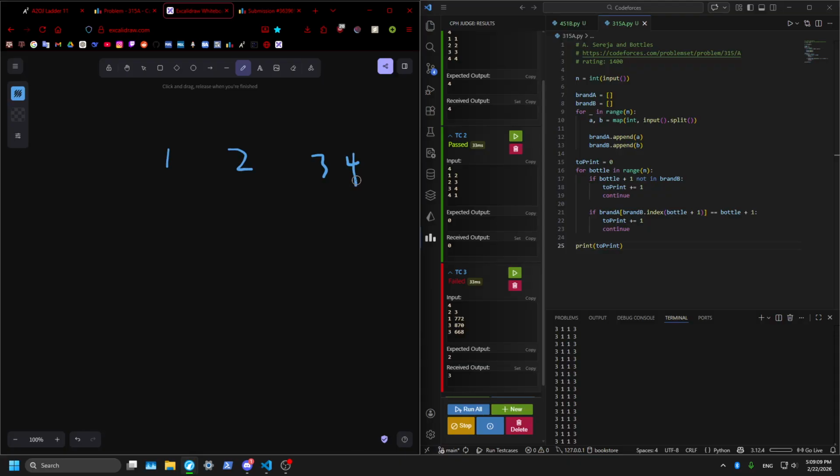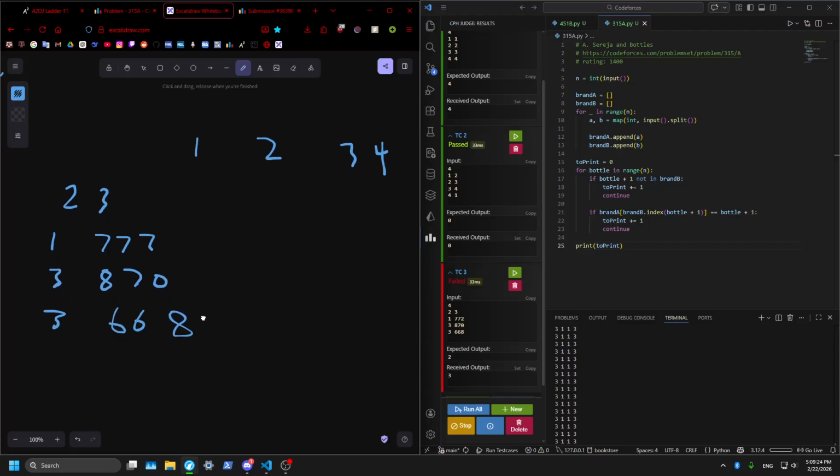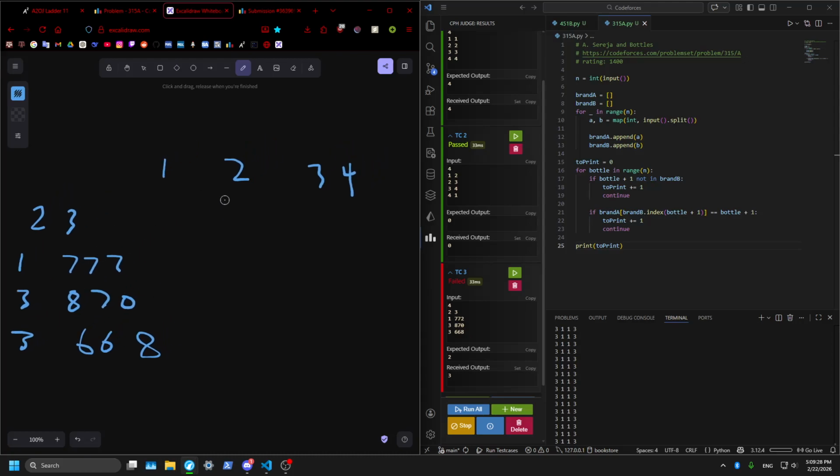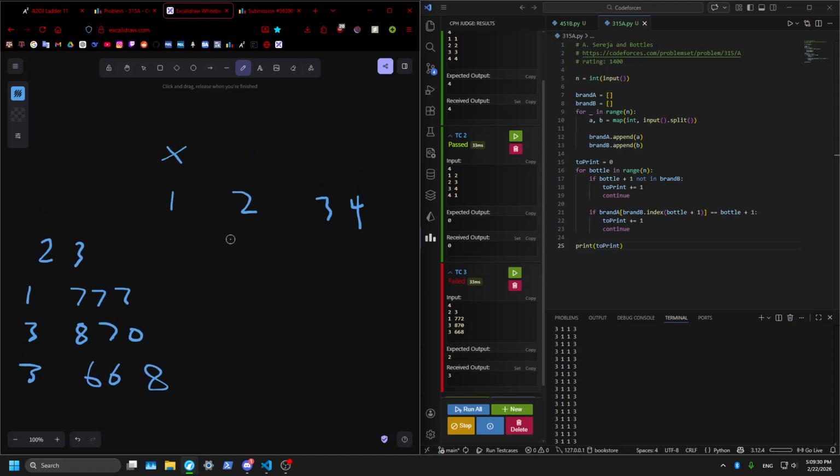Expected output is 2. Why? We can only open one bottle. This doesn't work. We can't open this. We can open this. We can't open this.